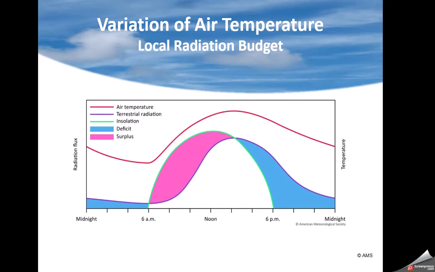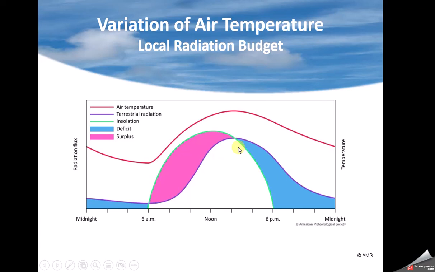During the daytime, guess what? One of the first questions you were asked in critical thinking was, why is the afternoon the hottest time of the day? Well, here it is. During the day, the sun's up. It keeps heating all day until it goes down. So there is a surplus of incoming solar radiation till mid-afternoon.